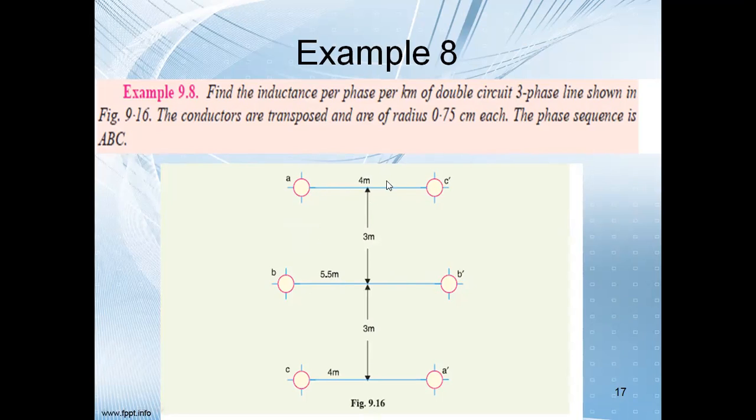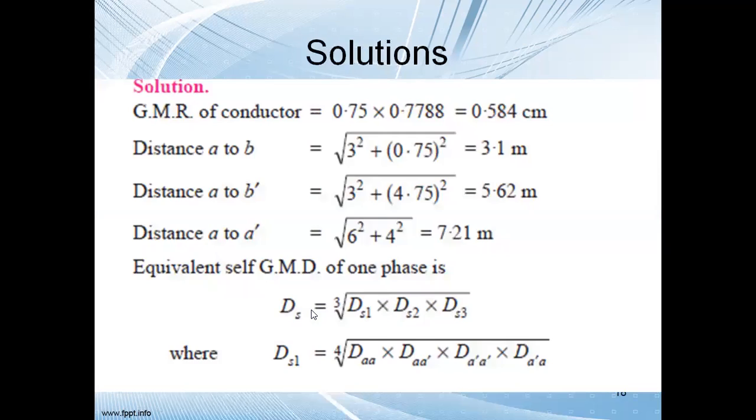So 5.5 minus 4, what will happen? This will be a small distance, and here if you draw a perpendicular, that distance. Yes or no? Yes, sir. So that's why we have to do (5.5 minus 4) by 2. Okay, fine.